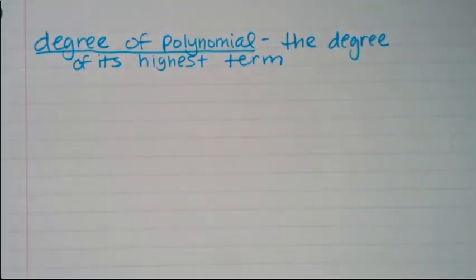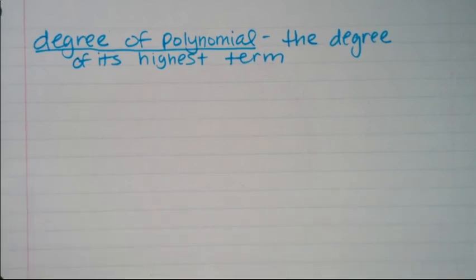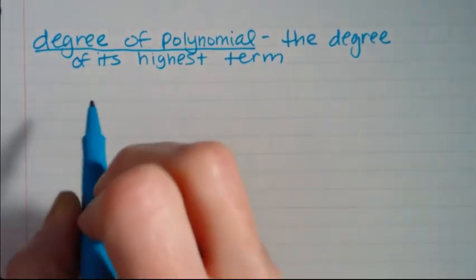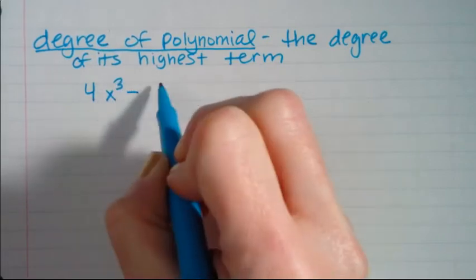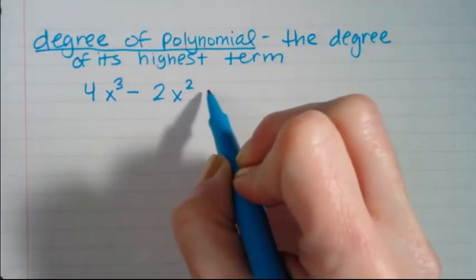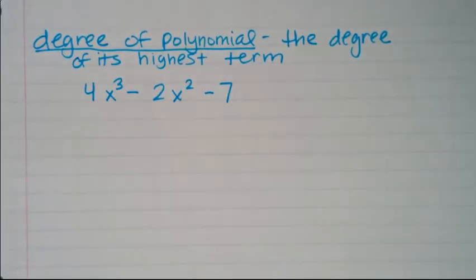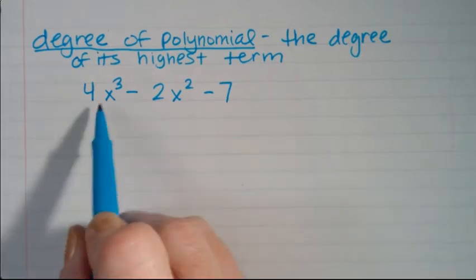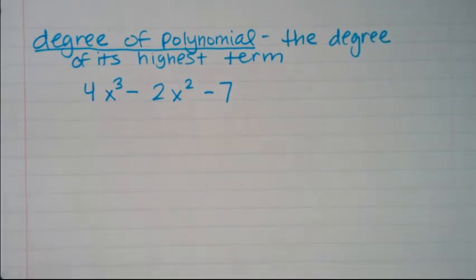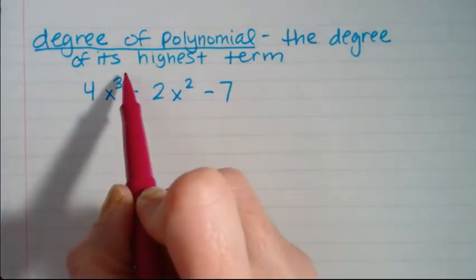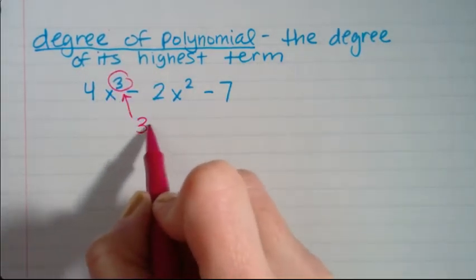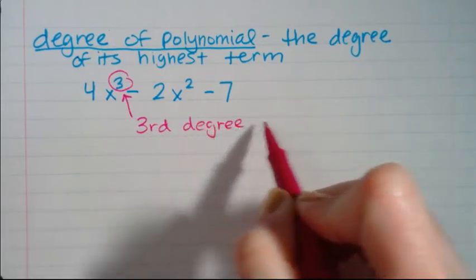So you find the term that has the highest degree, and that's the degree of the polynomial. Okay, so for example, and this is why we put the terms in order by exponent, because then we look at the very front and can use that exponent to determine the degree. So if I look here, 3 is my largest exponent. So that tells me it's a third degree polynomial.